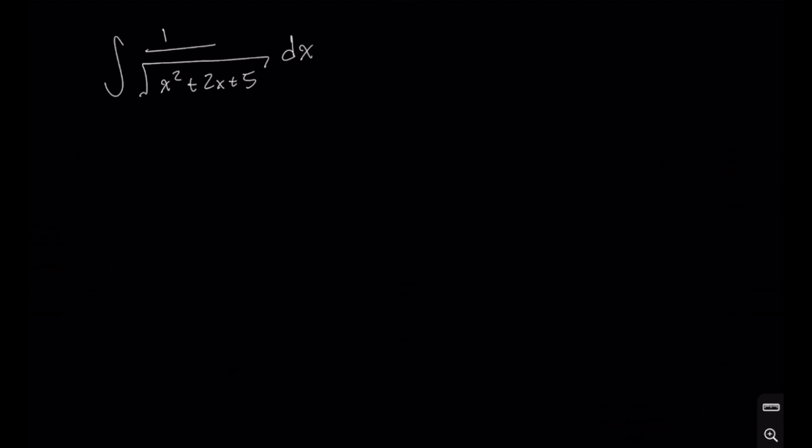So usually you should be very comfortable with completing the square by now, but I will walk you through it. You have x squared plus 2x plus 5, and then we'll move the plus 5 to the other side, so negative 5. And then we're going to take half of the 2, right? So half of 2 is 1, and then 1 squared is 1.